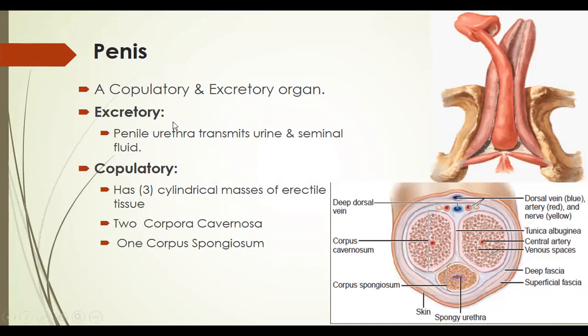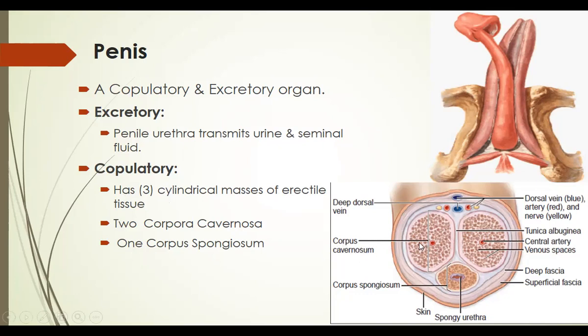Then it is said to be a copulatory organ, and this has three cylindrical masses of erectile tissue. So it has three masses, one, two, and three. If you see here, these are the three masses. This is called the corpus cavernosum. There are two corpora cavernosa, one on either side.